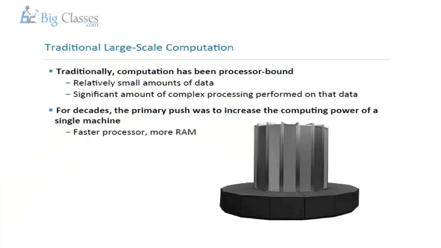But what happens is those systems have a certain capability to store data. When you try to store beyond that, those systems crash.